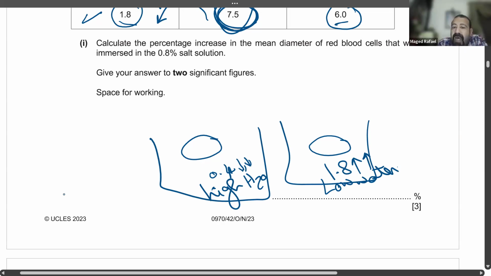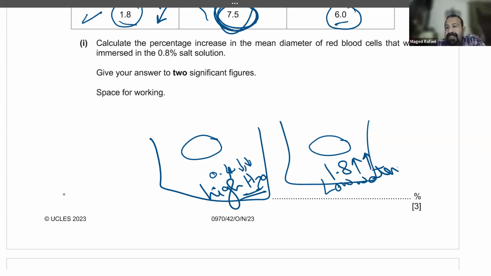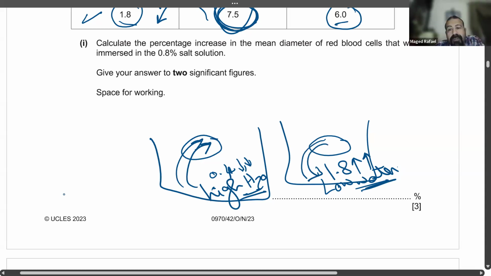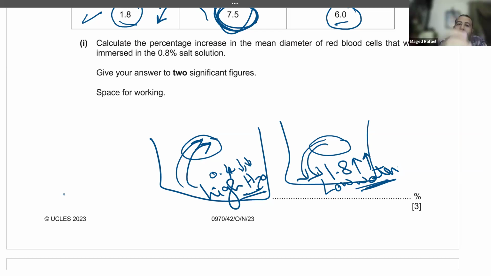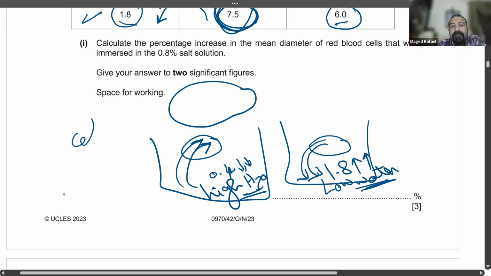When we have high water potential in the solution, water moves from high to low, inside the cell, right? When we have low water potential outside in the solution, this means that water moves from the cell to outside. So here, the cell will enlarge in size and in diameter because water moved in, and after a while, cells burst.